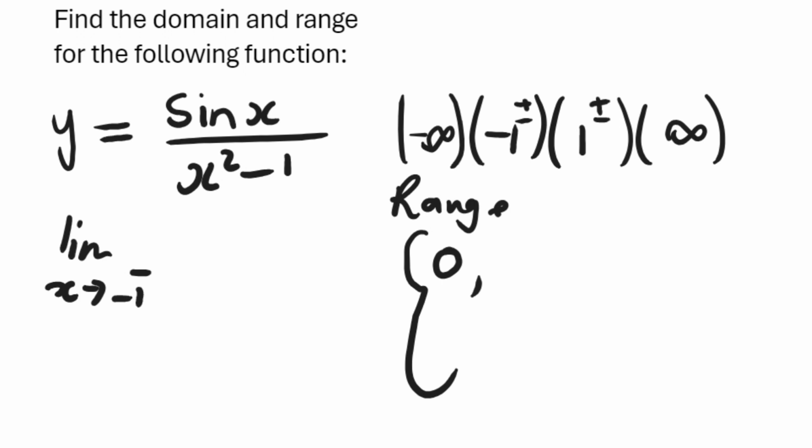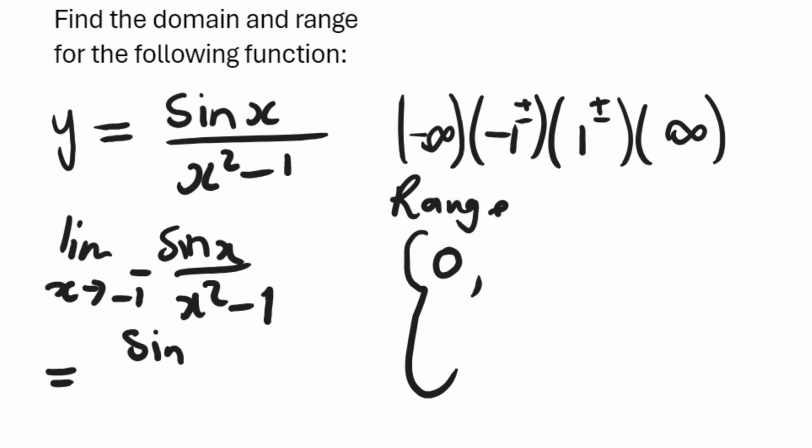Now let's take the limit of sine x over x squared minus 1. Okay? Now, this is going to be what? This is going to be nothing but sine of -1, that is negative sine of 1. And then over, you put -1 as your x.